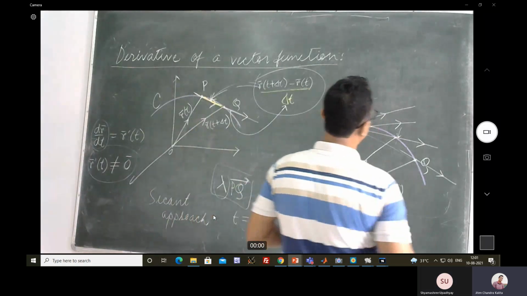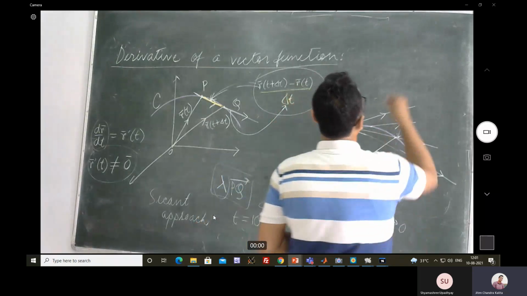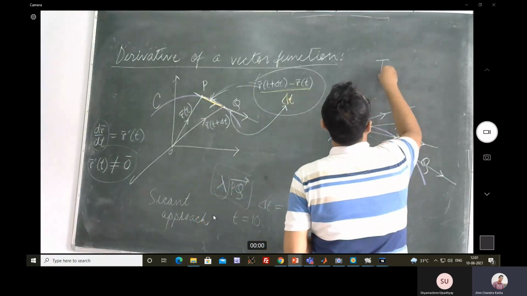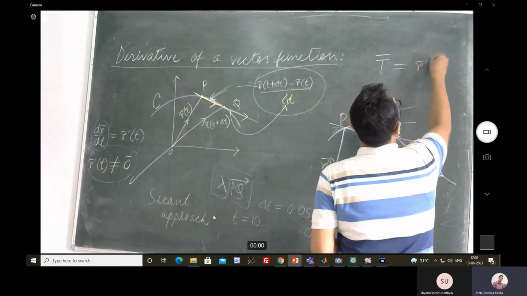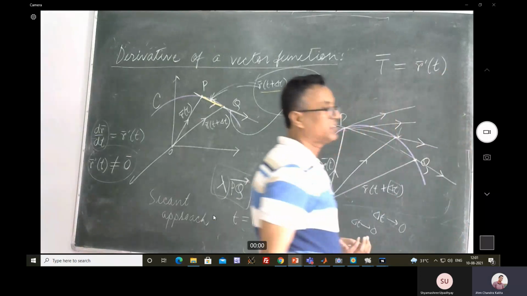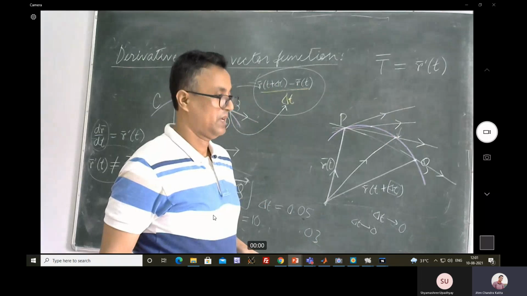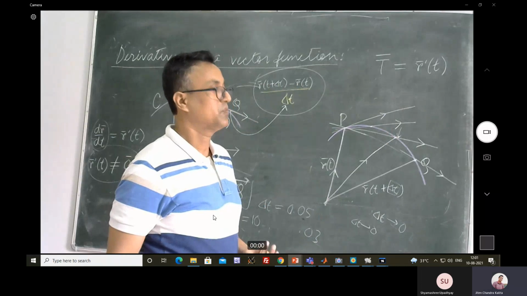Now, I have already told you about this tangent vector, which I denote by T. This is my tangent.